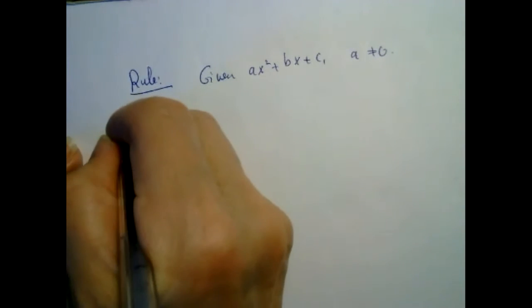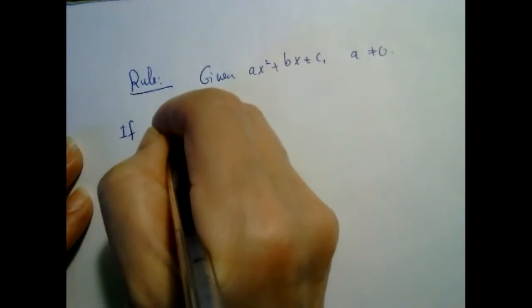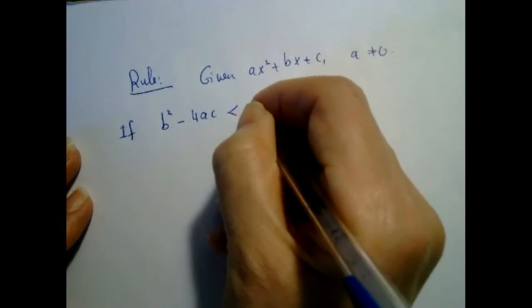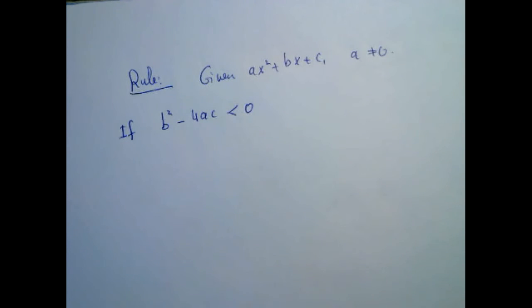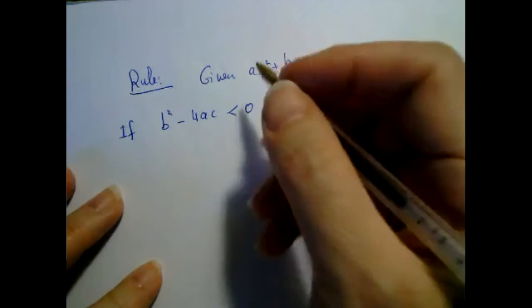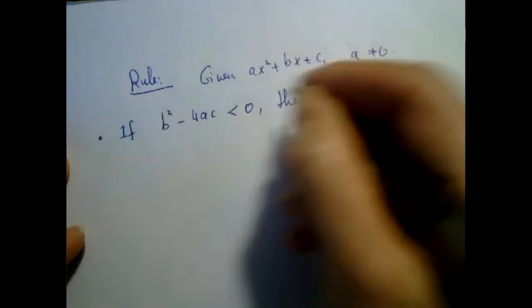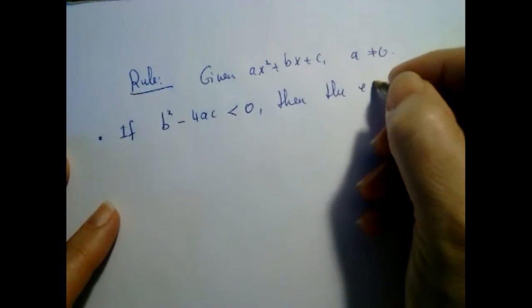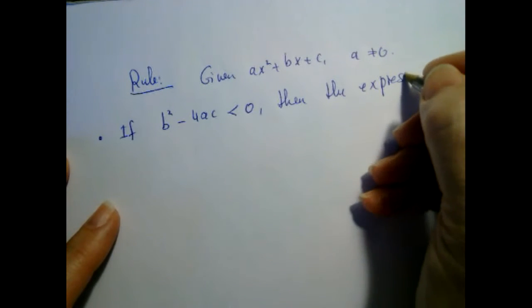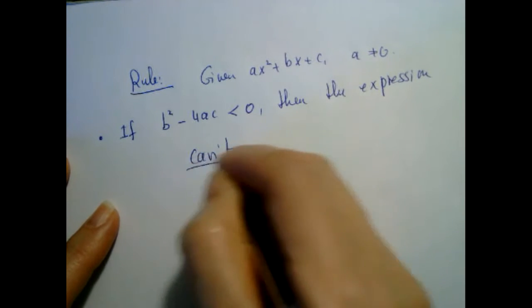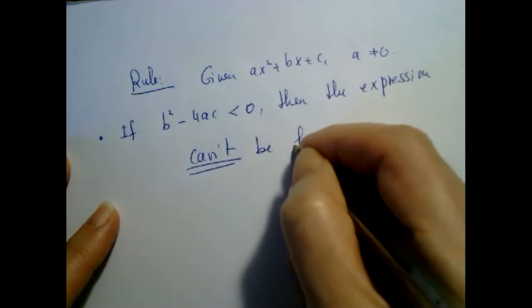If b squared minus 4ac is strictly negative, then the expression cannot be factored.